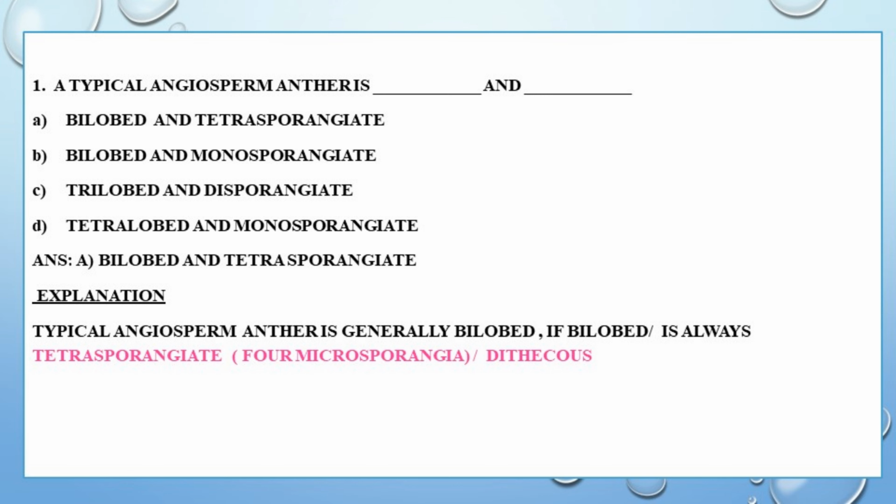So here a typical angiosperm anther is generally bilobed, and if bilobed, it is always tetrasporangiate. 4 microsporangia will be there and the theca will be 2, that is dithecous condition. Okay, so here the choice will be A, bilobed and tetrasporangiate.